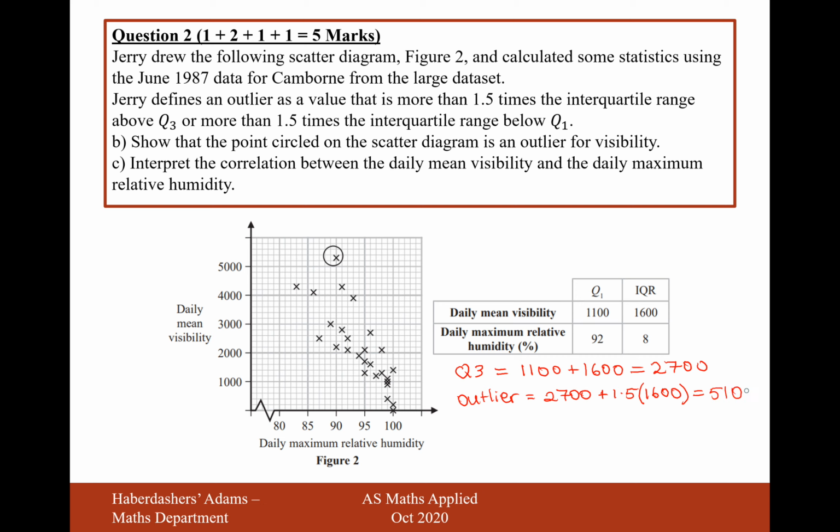So anything above 5,100 would be considered an outlier. And it looks like each of the boxes go up in 200s, and this point is midway between the one box up and 2 boxes up. So 5,300 it looks like this data point. So 5,300 is greater than 5,100. So therefore it is an outlier.